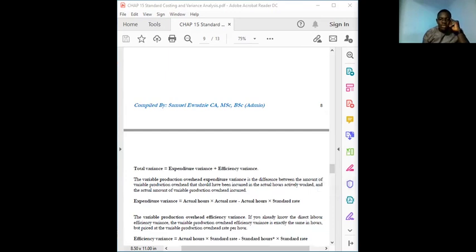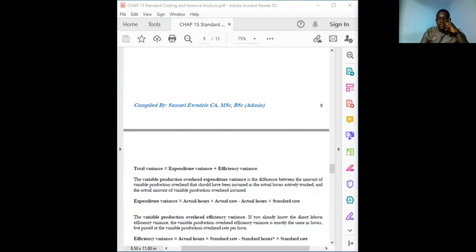And we have the variable production overheads efficiency variance, and that is equal to the actual hours times standard rate minus standard hours times standard rate. So you can see standard rate is common. So we get our (AH minus SH) valued at the standard rate.